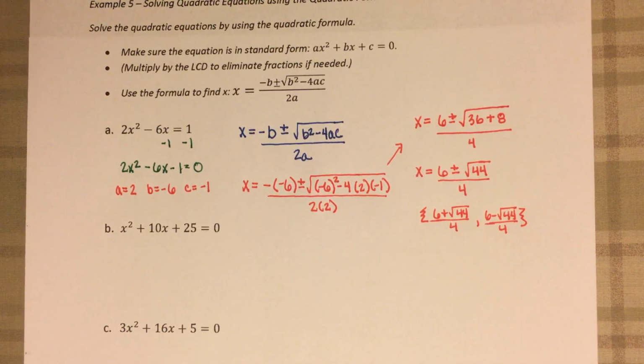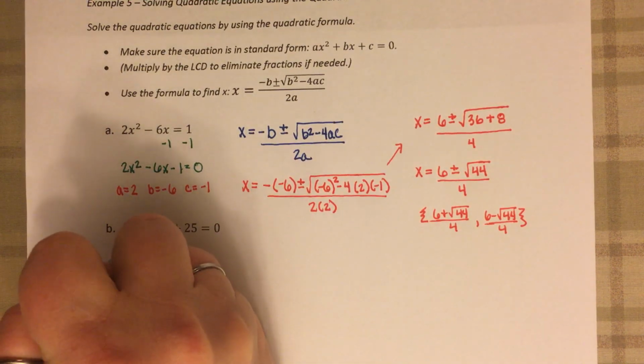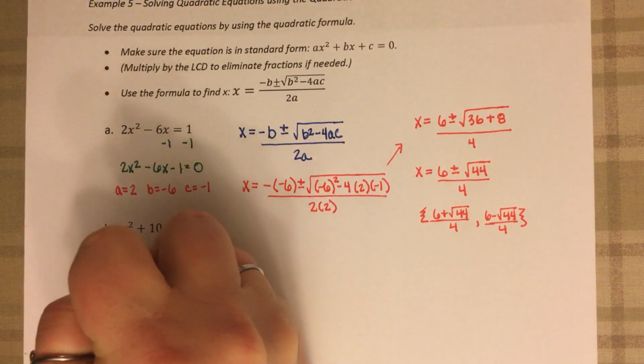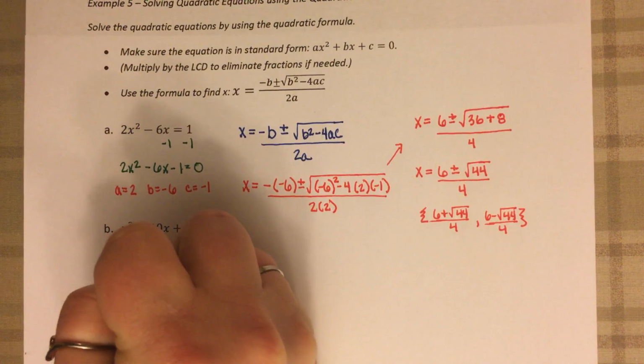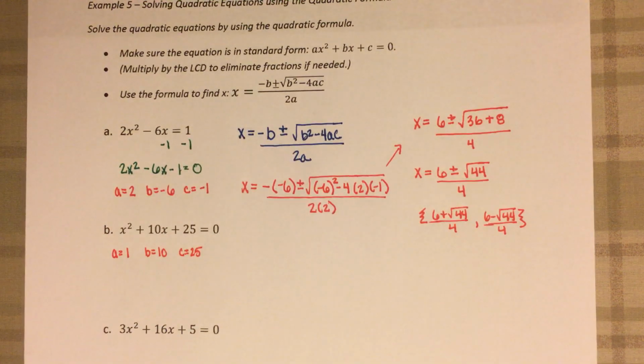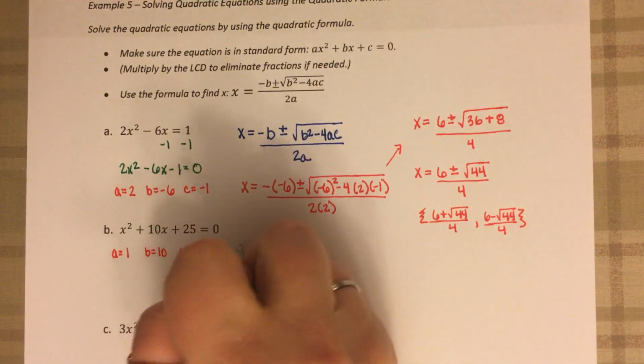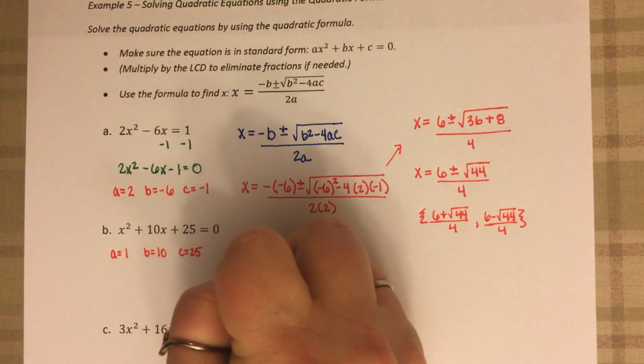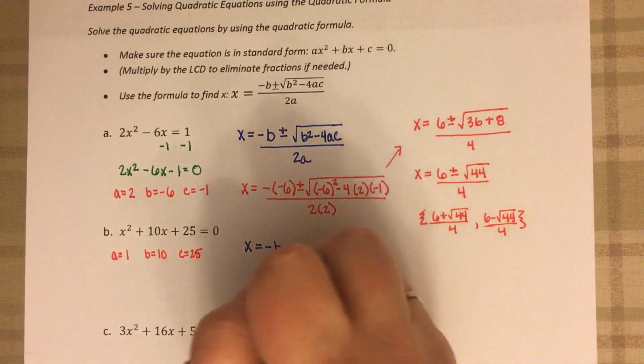All right. For B, we're nicely set up in standard form already. So our A is equal to 1, our B is equal to 10, and our C is equal to 25. Okay. And we're going to plug all this into our quadratic formula.